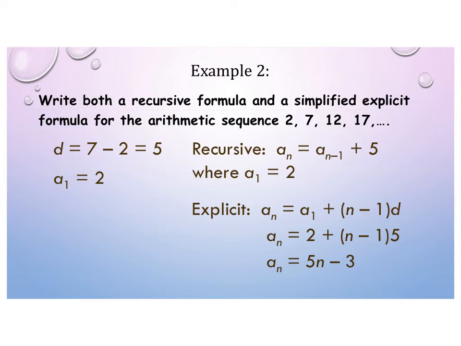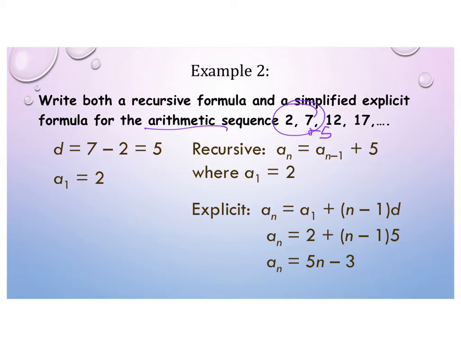Write both a recursive and a simplified explicit form for the arithmetic sequence 2, 7, 12, 17. I can see that I'm adding 5 each time. Now I know it's arithmetic because it was specified to be, so 7 minus 2 is 5, that's my d.